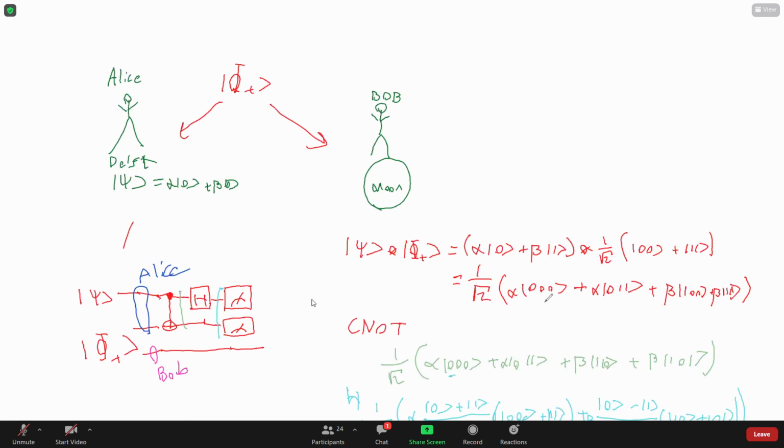So let me make a use right here, and then we just repeat what we have written down. So we have 1 over square root of 2, and here we have alpha times (|0> + |1>)/√2 times |00> plus |11>.